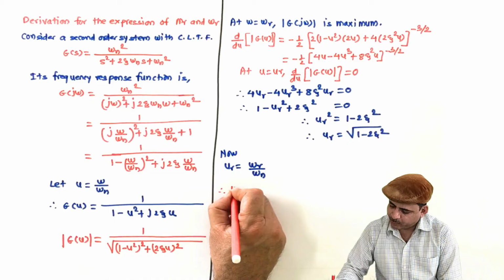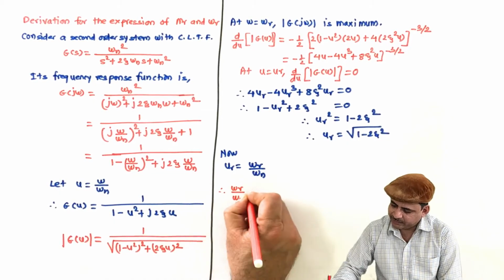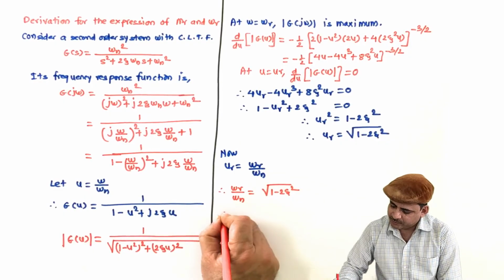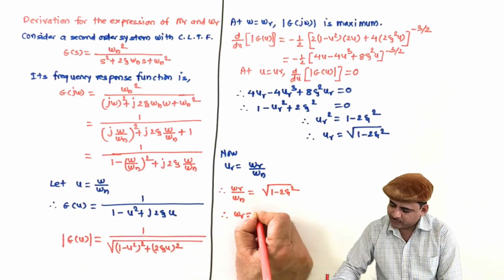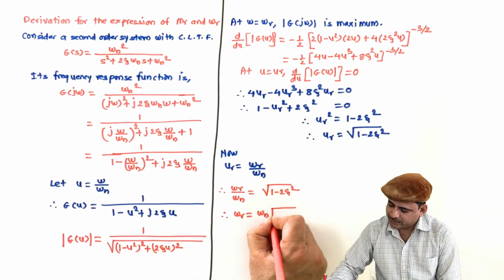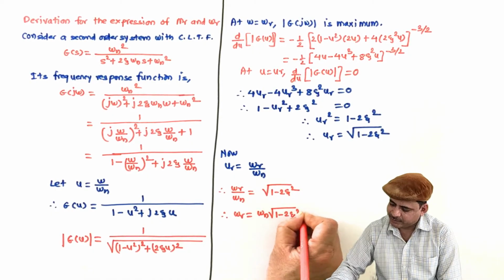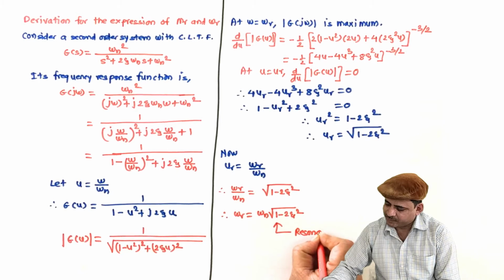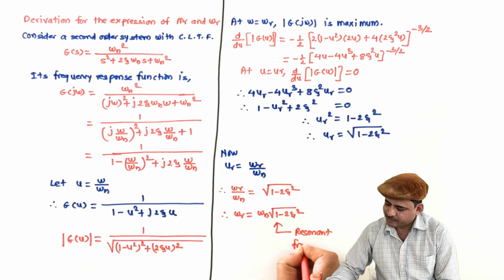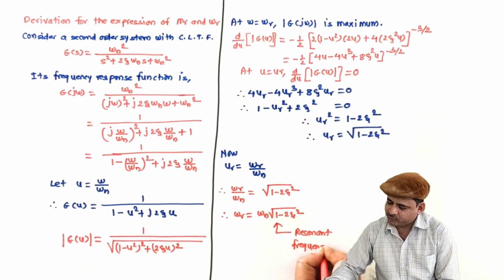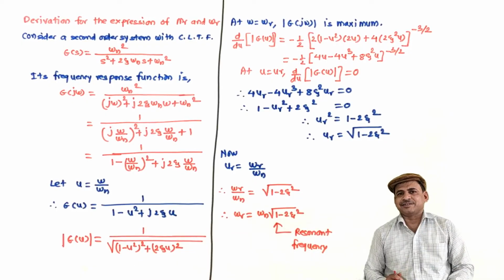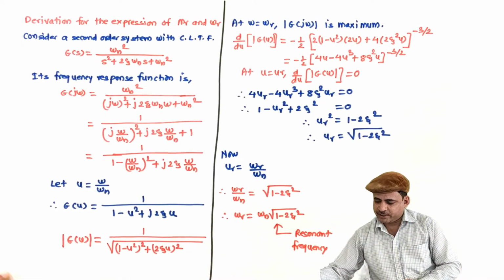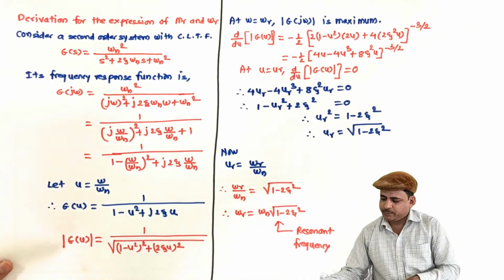So omega r is equal to omega n into under root 1 minus 2 zeta square. So this is the resonant frequency. We have derived the expression which was mentioned in the earlier lecture. Now from this again we will derive the expression for resonant peak.